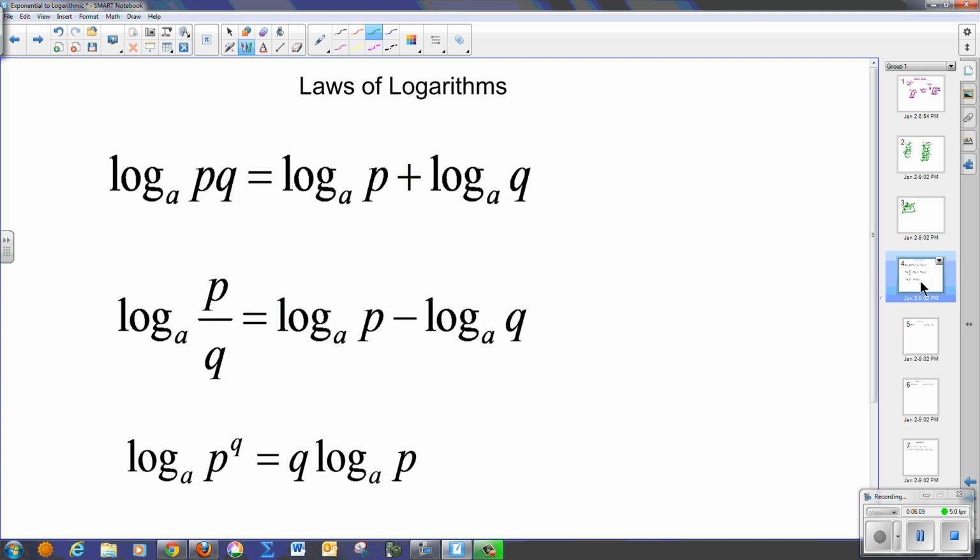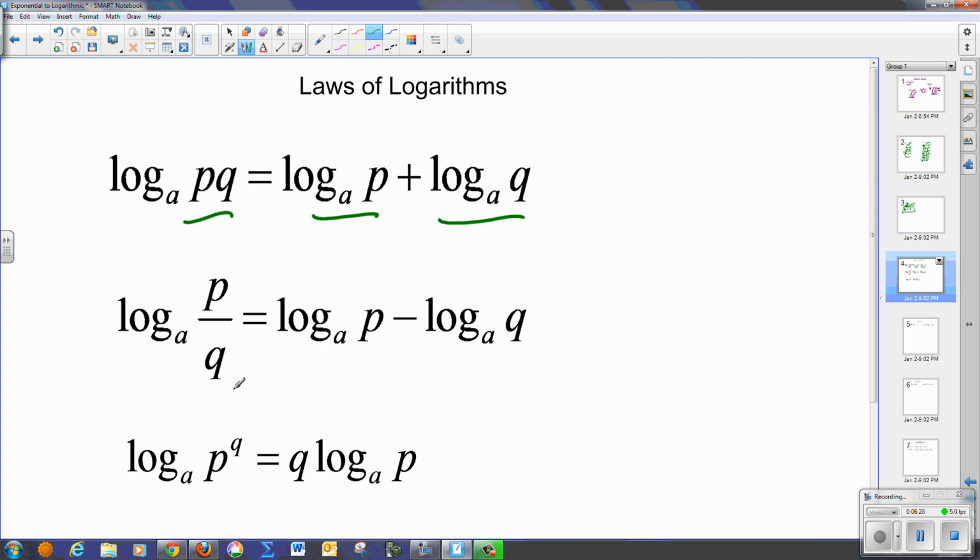Moving on. All right, so we're looking at logarithms now, and here are some properties that we learned back in Algebra 2. If I have the log base a of a product of two terms, that splits apart into the sum of the independent logarithms, or the sum of the factors.